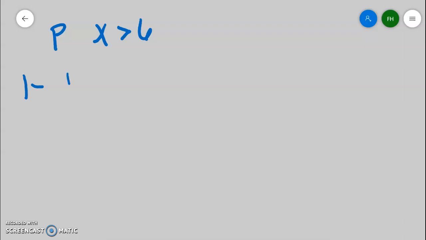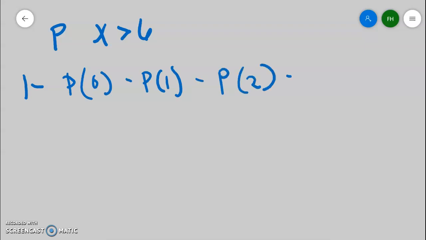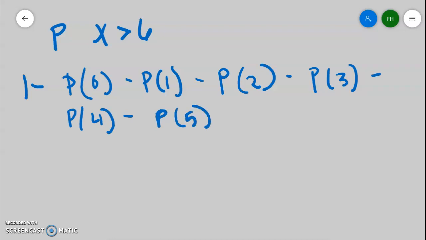So we need to subtract the probability of 0, 1, 2, 3, 4, 5, and also 6.